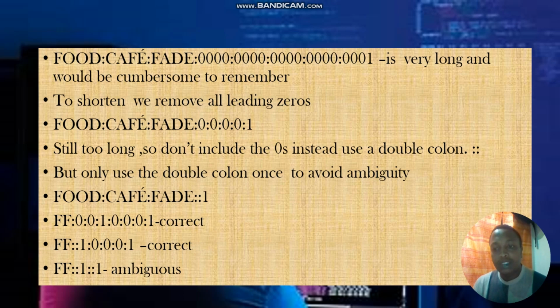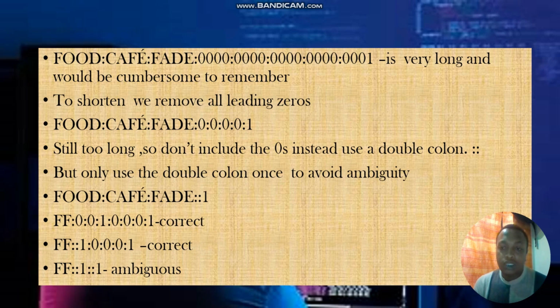So what we basically do is that for the zeros in different blocks that are consecutive, instead of using the zeros, we are going to use a double colon for zeros that are leading zeros, or zeros that are occurring consecutively in different hex blocks and do not have any other significant hex digits in between.